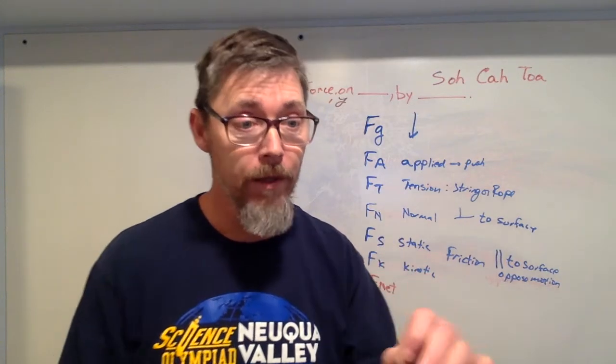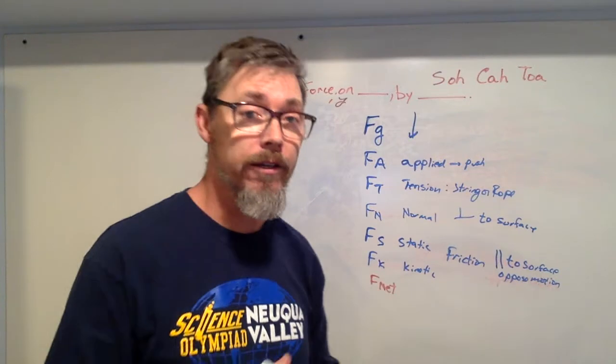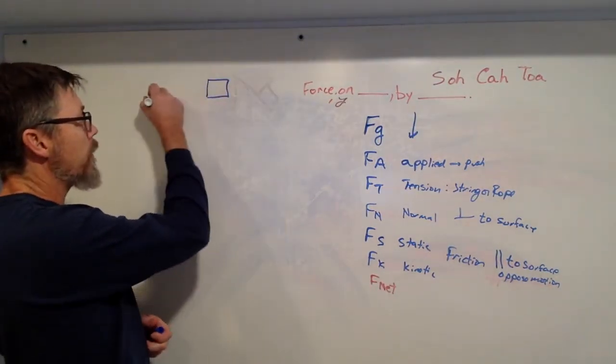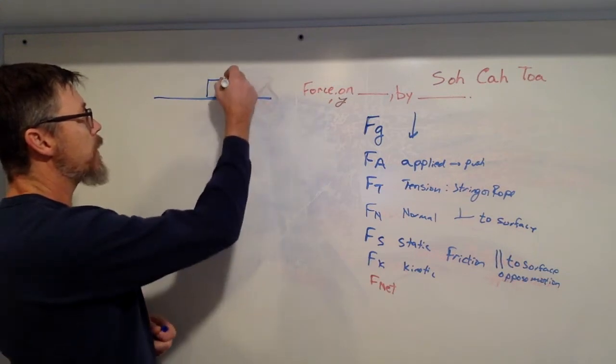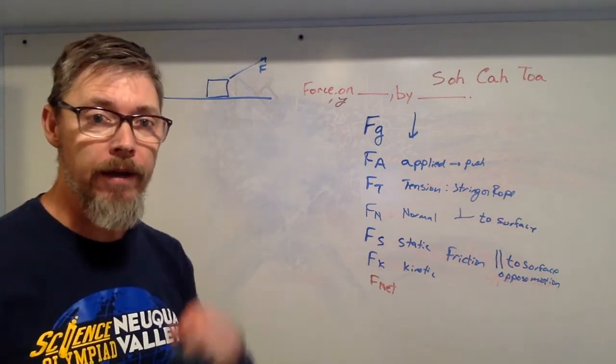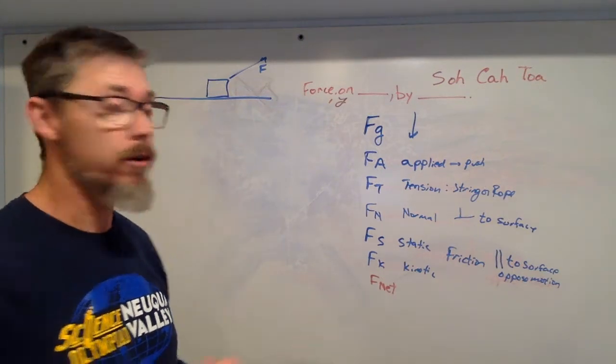That's step one. So let's start with a situation where there's a box on a floor and it's being pulled by a force at an angle. Okay? And so we're going to draw our force diagram.